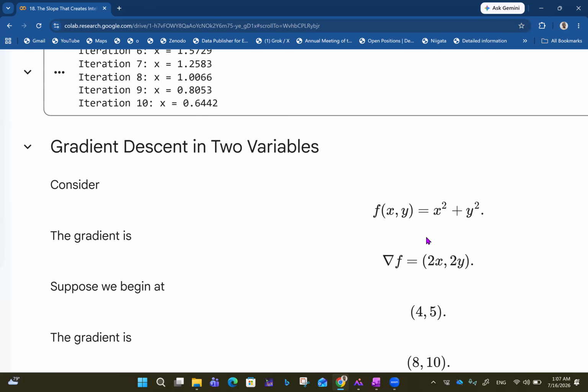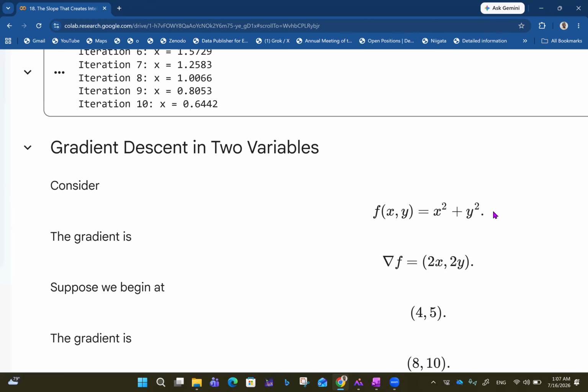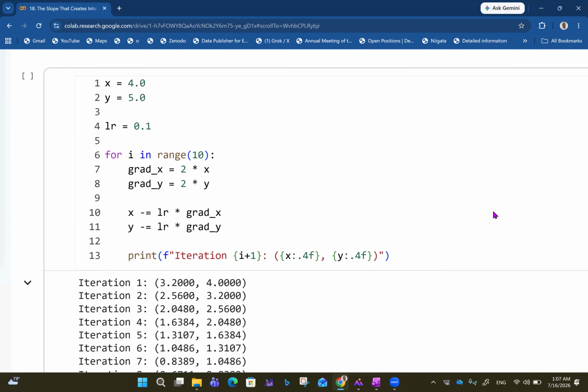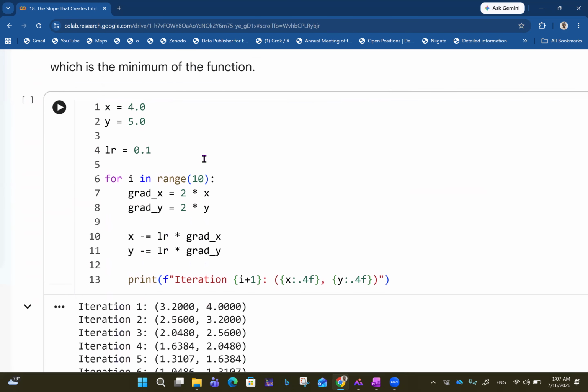You can get the minimum of this function by differentiating and seeing all that. Now, in the code, x is 4.0, y is 5.0, and the learning rate is 0.1. For i in range 10, you compute the gradient 2x and 2y, and then x keeps reducing.